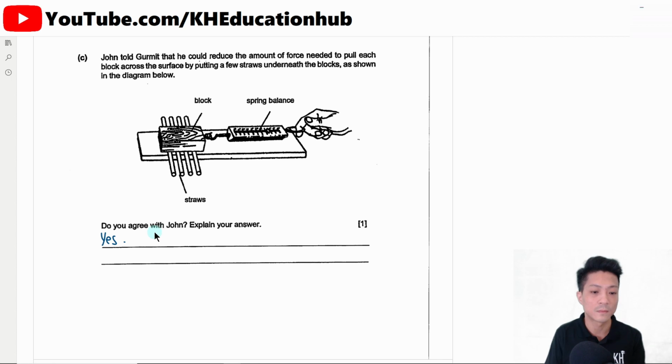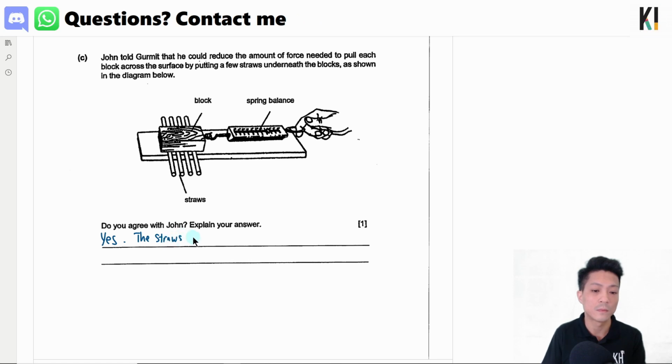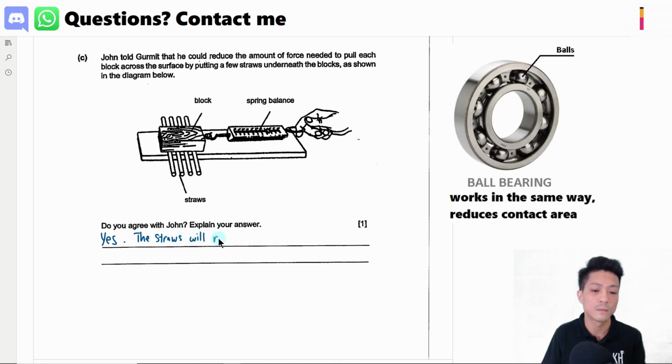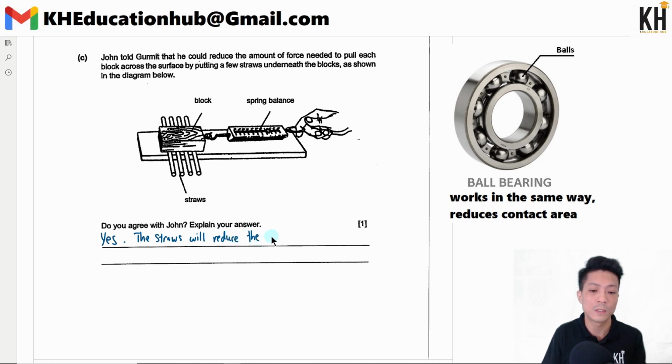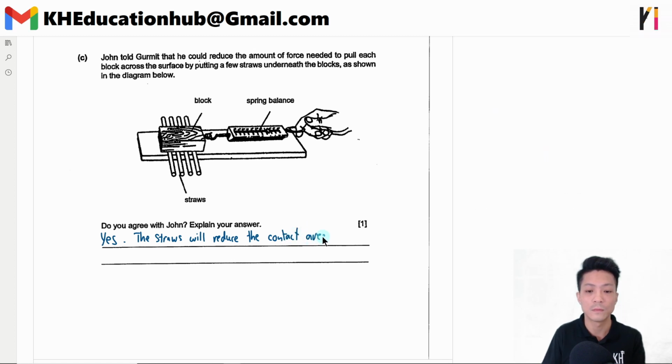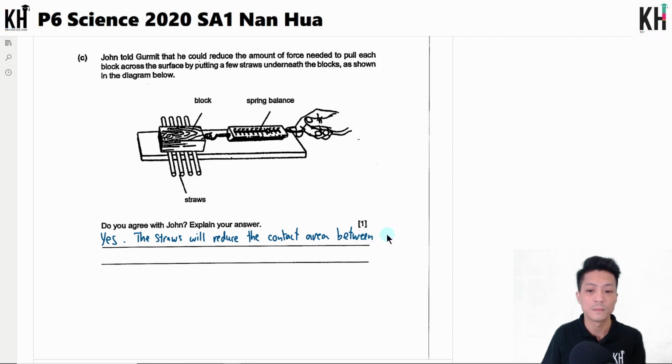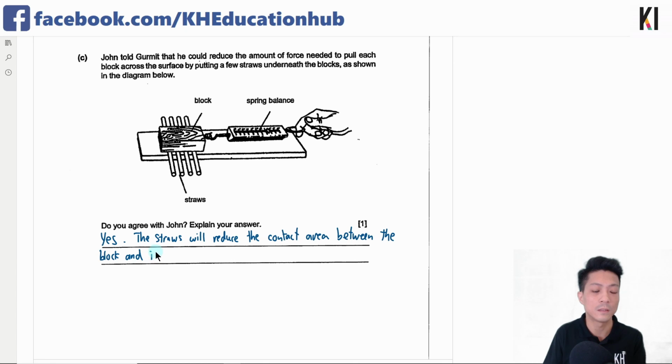Okay, the straws will reduce the contact area between the block and the surface.